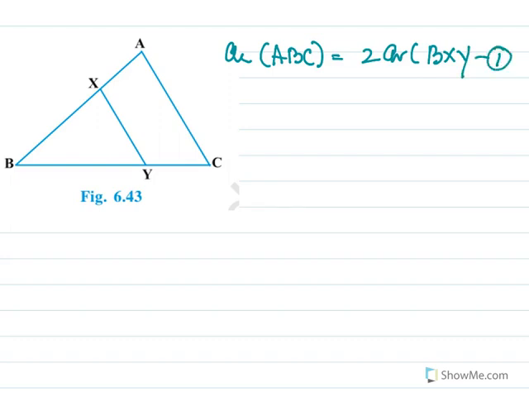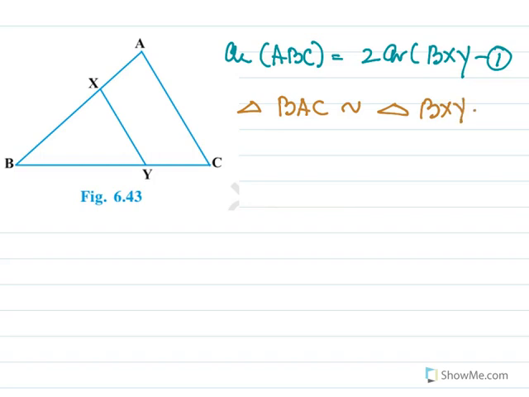Then we wrote it as equation 1. And we also showed that the triangles were similar. We showed triangle BAC is similar to triangle BXY.